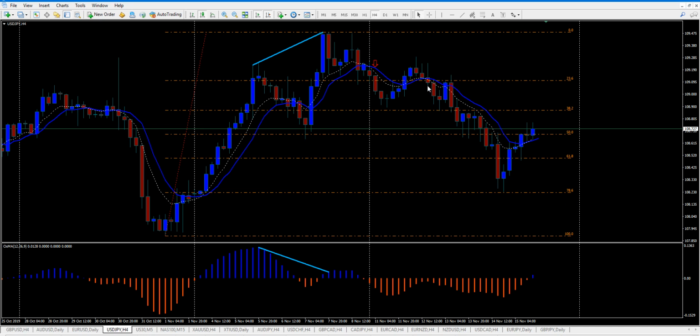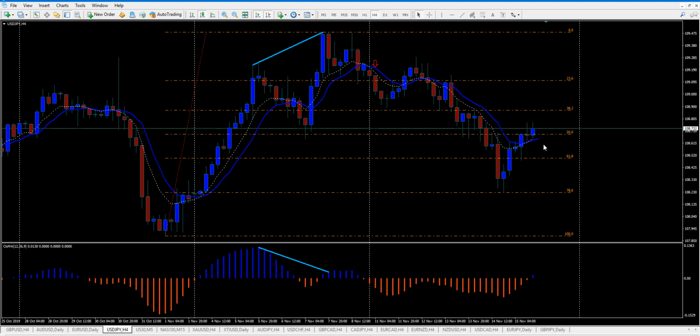The trend has changed. If you were long up here somewhere and it comes down and hits the 78.6, well, you can kiss that trade goodbye if you're still holding on, because you should have got out. So anyway, the two most important levels are the 38.2 and the 61.8. So anyway, as you can see, that's what's happened with the Fibonacci.